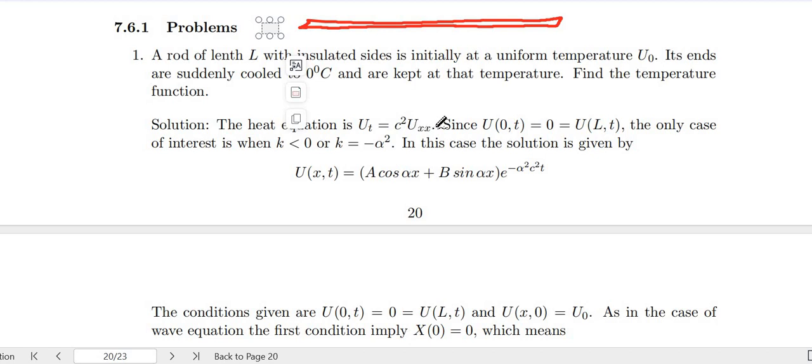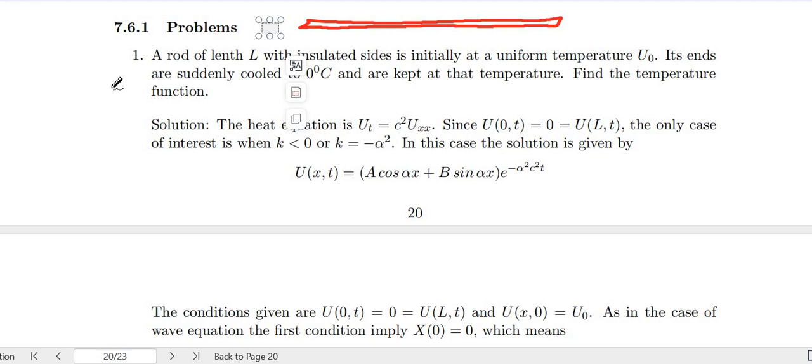The heat equation is u_t = c² u_xx, and the conditions are like the wave equation conditions: u(0,t) = 0, that means the left hand is kept at 0 degrees, and u(L,t) = 0, that means the right hand is also kept at 0 degrees. You know that the temperature will change with respect to time. So the case to consider is k less than 0, because when k is equal to 0, the state is a steady state.